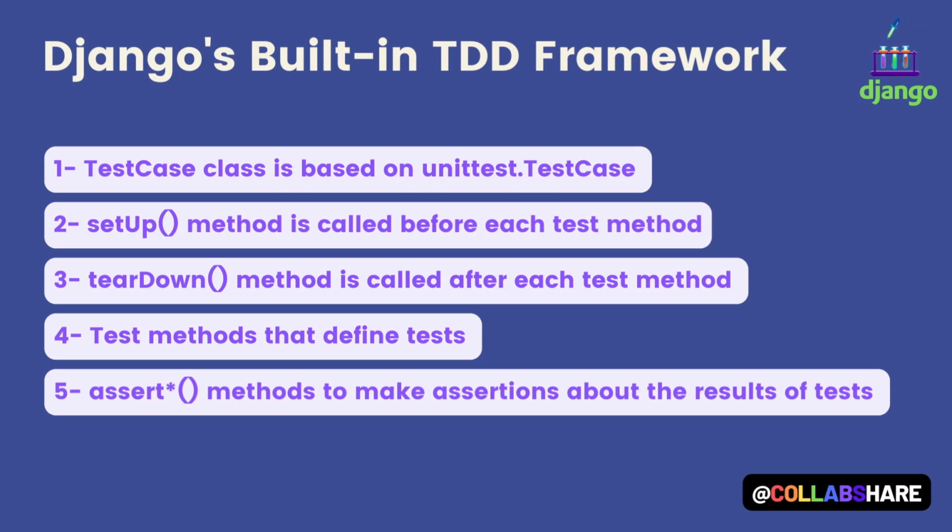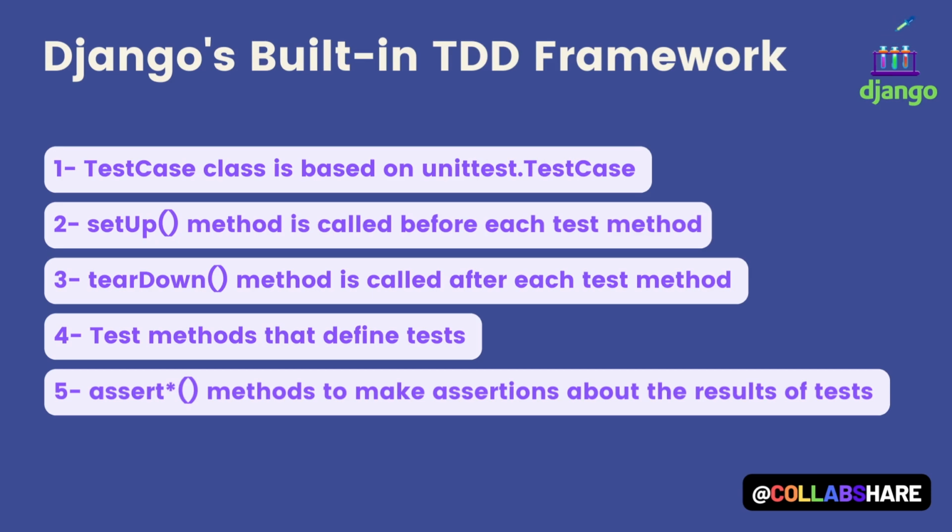And we need to also define test methods. These are the individual methods that define the tests themselves. Each test method typically checks one aspect of the application's functionality and uses assertions to ensure that the application behaves correctly.